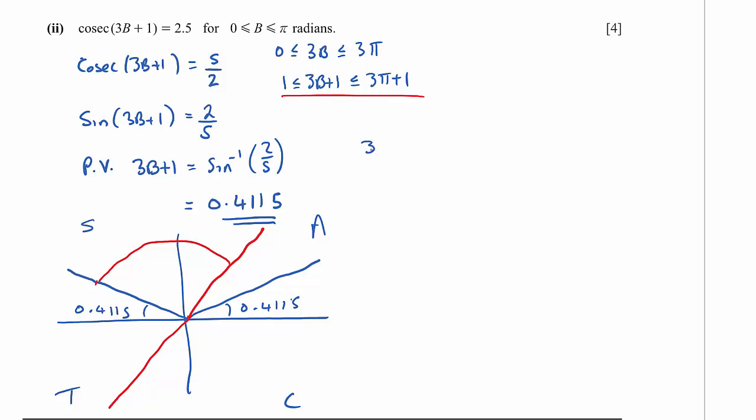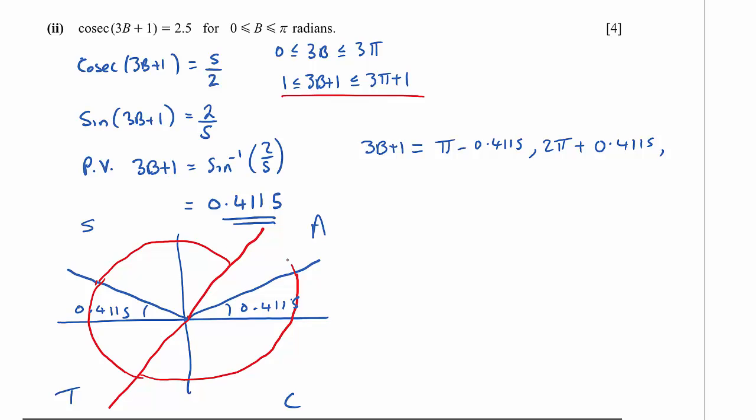So remember, we're solving for 3b plus 1 to start with, and that's at pi, take away 0.4115. And then we keep going, and we go through this one, and we come up, and we get to here, which is at 2 pi plus 0.4115.